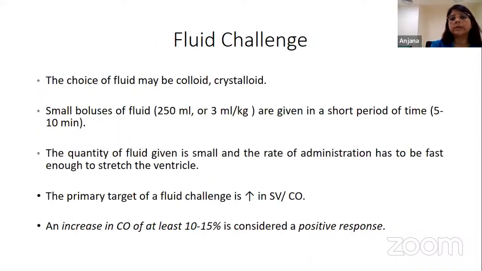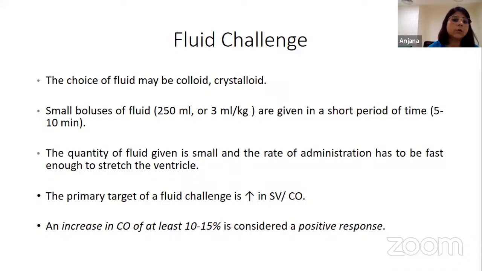So the principle of a fluid challenge is that you give a small bolus of fluid, right? You can give 250 to 500 ml in a very short period of time, 10 to 15 minutes or 5 to 10 minutes. It's a small quantity of fluid which stretches the ventricle and improves your cardiac output or stroke volume, and you see the response.